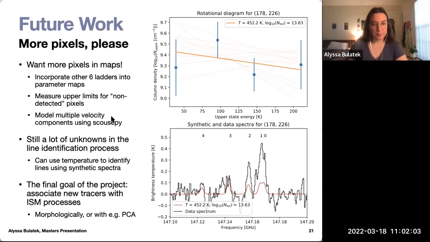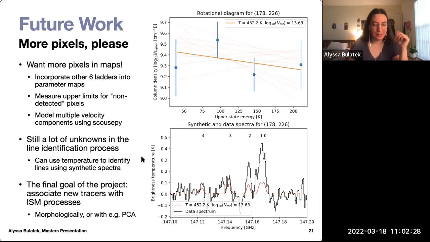But luckily there are algorithms out there that will account for multiple velocity components, which can screw up our spectra. So Scouse Pi is one of them, written by a frequent collaborator of Adam, Jonathan Henshaw. At least I hope that's who wrote it. And so I hope to use that in the future to model these multiple components.